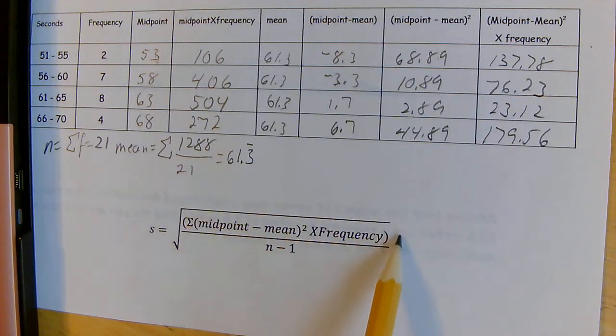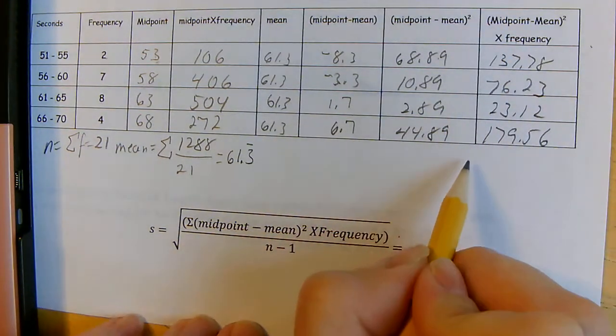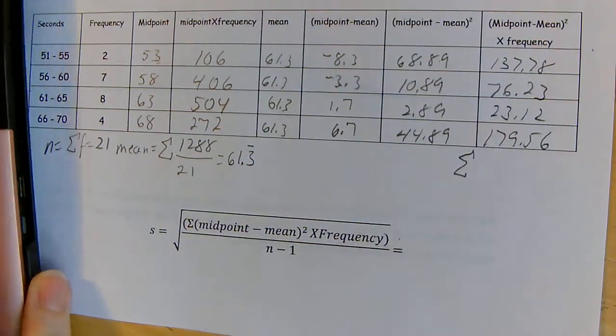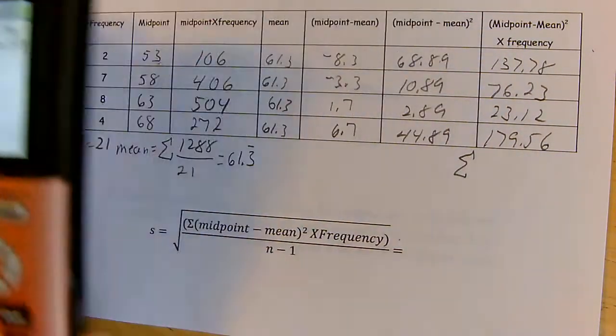Almost done. Then it says take the sum of this big column here, and that is going to be 416.69.